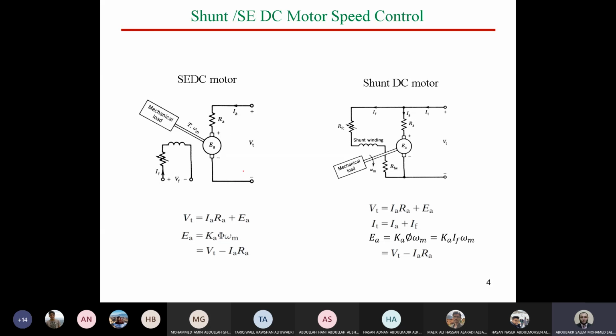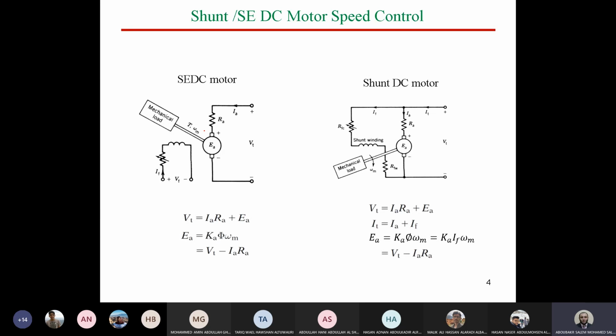You have the value of EMF here, which is equal to Ka multiplied by flux multiplied by speed. Using Kirchhoff's voltage law, we can say that EA equals Vt minus IARA. And also, if we have brushes, we can consider the brush voltage also as a small voltage drop here.